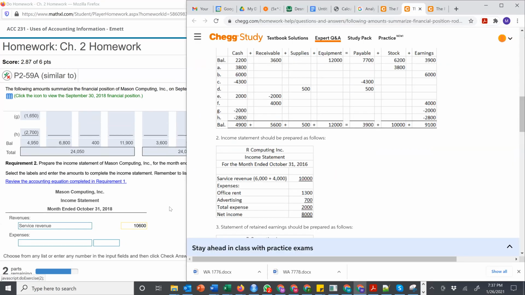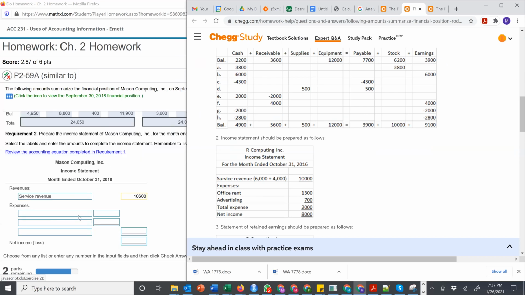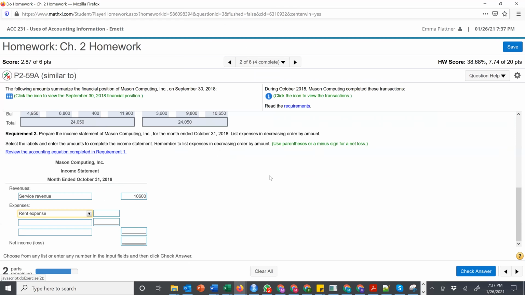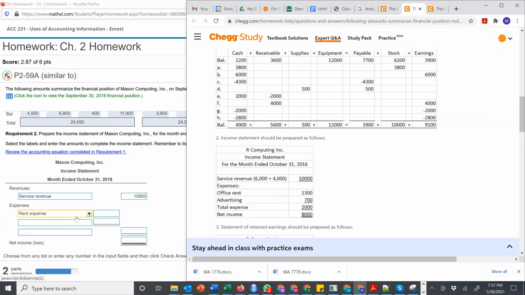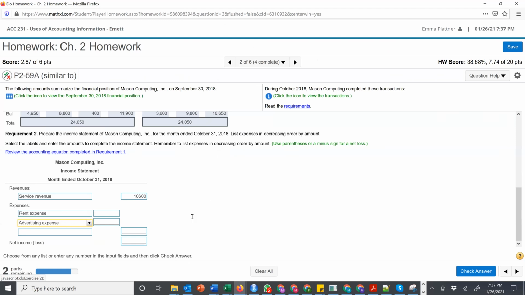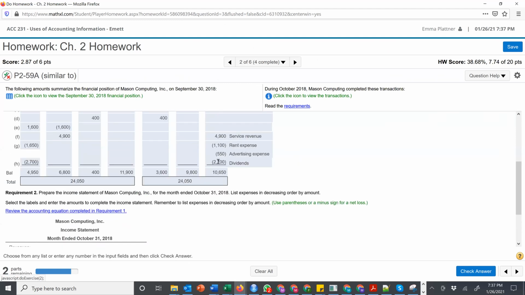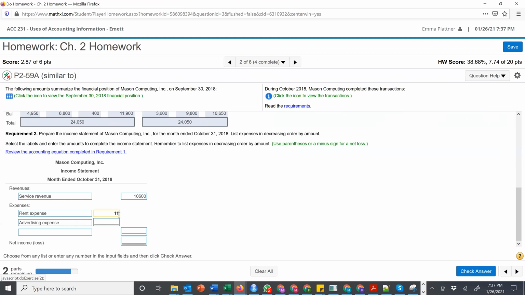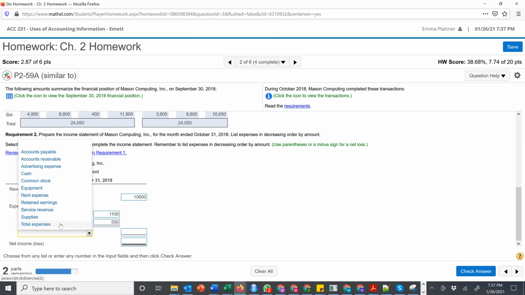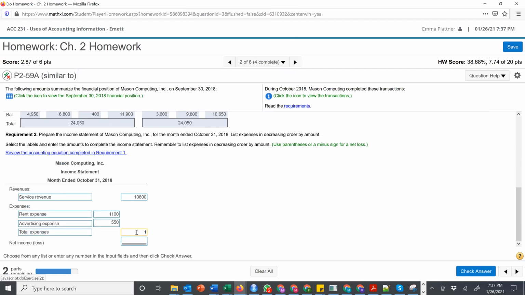Expense, you got office rent, advertising. Yeah, so we got office rent. So that's where sometimes they don't match up. You got rent and then advertising expense. So rent was 1,100. Advertising was 550, and then your total expenses, you add those together, so that's 1,650.